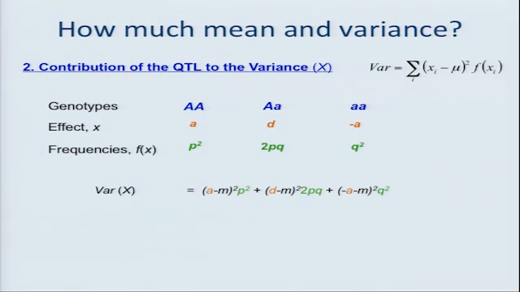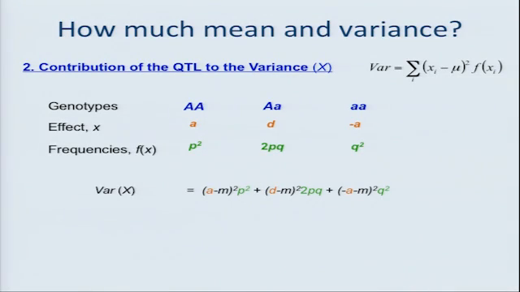And so what we do, to calculate the variance, is we take this genotype mean and we subtract off the grand mean. If you remember your variance formula, it's each individual observation minus the mean, squared, divided by the total number of observations.